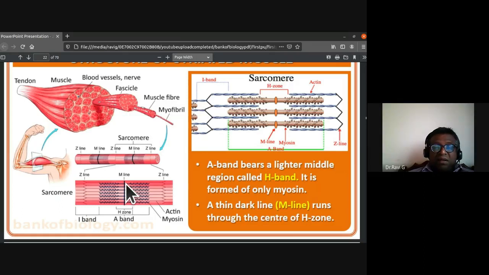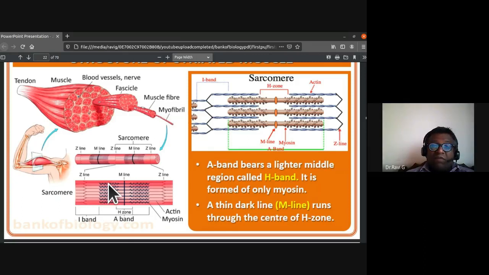A thin dark line, the M line, runs through the center of the H zone. So this you can understand: the I band, the isotropic band, has only actin filaments.